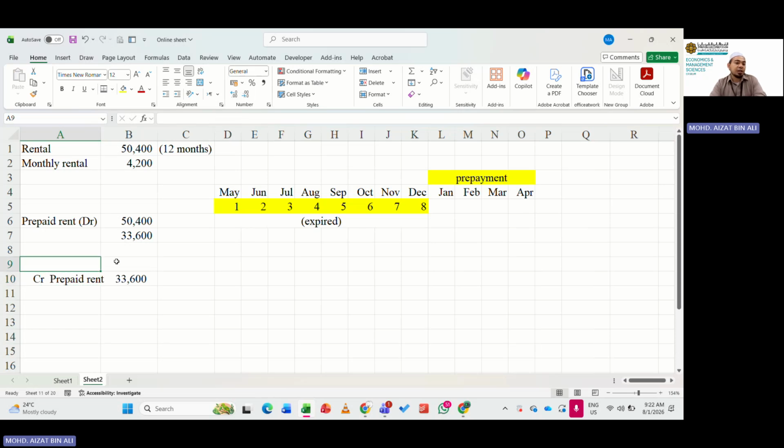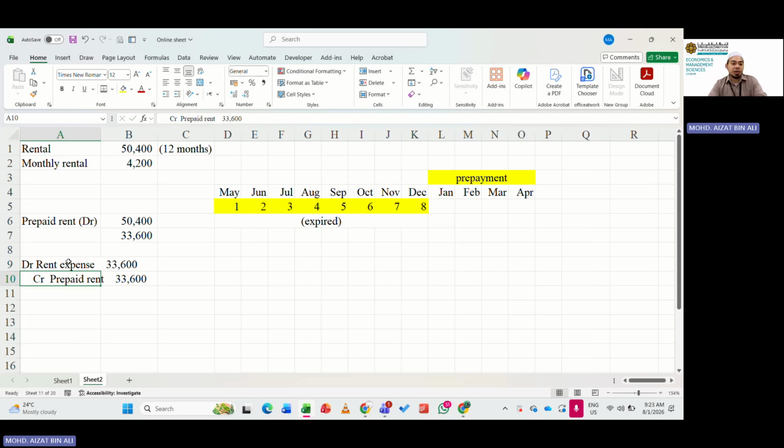The next is the debit. Now, prepaid rent, when it expired, becomes its expense counterpart because we are paying the rent. So it becomes expenses. So in this case, debit rent expense. And then just write down the amount, 33,600 ringgit.